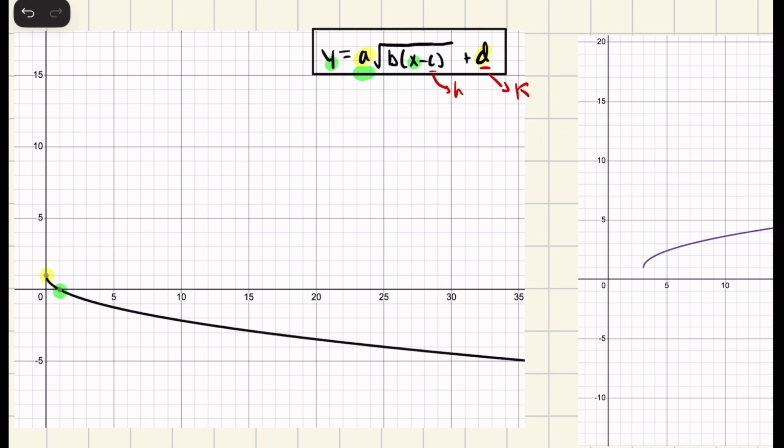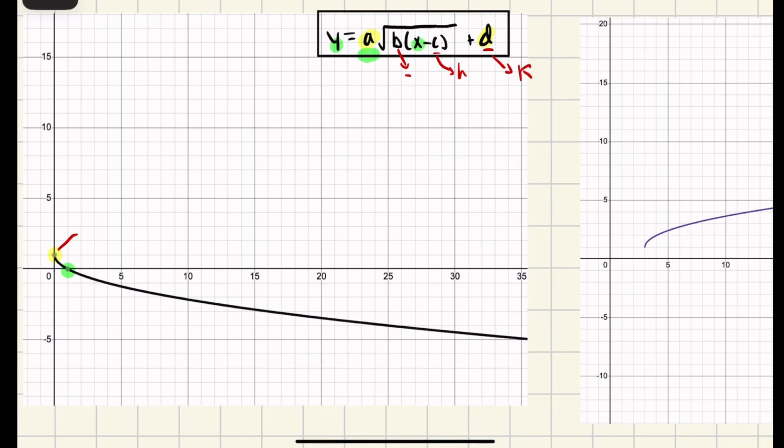So if the graph goes towards the left, so it either goes like this or it goes like this, so that the end behavior is towards the left of the graph, then we're going to assign it a negative so that the x's are negative.